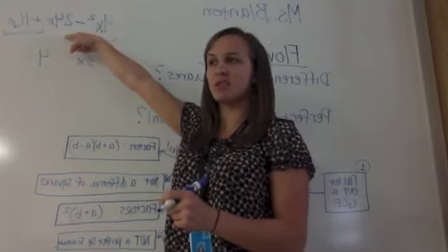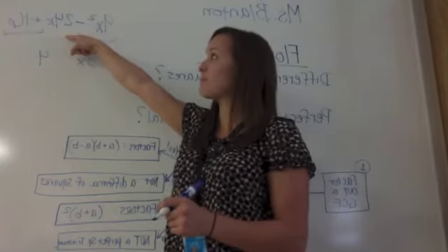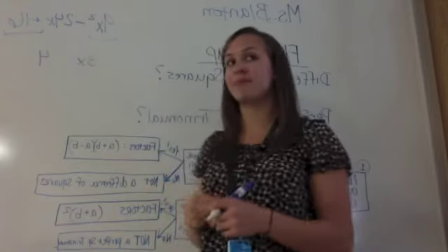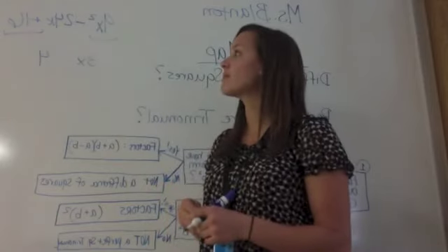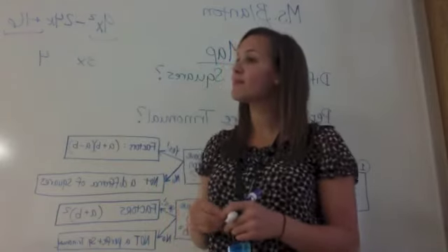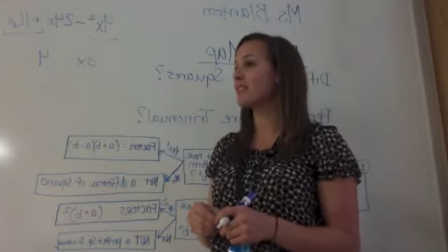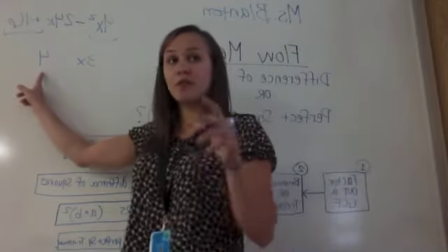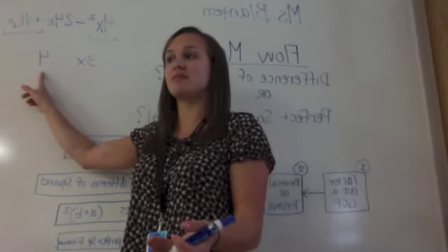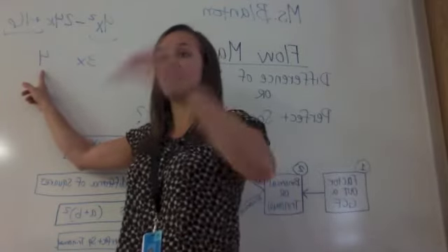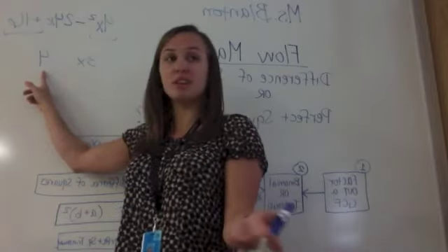So what change could we make? Make the 4 negative. Right, because if you take a 4 and square it, you get 16. If you take a negative 4 and square it, you still get a positive 16.